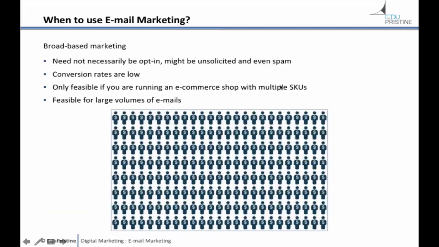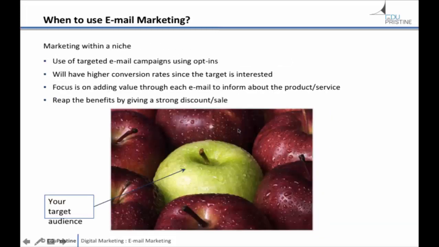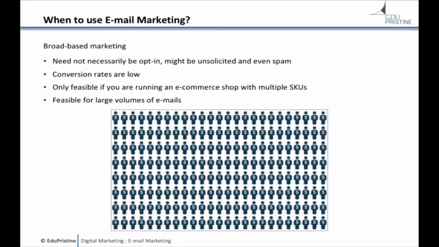All right. So this example was when you actually know your audience as to what they want. But there are times when you do not know what they want. You've just bought a database of email addresses from a third-party company, and you're willing to do broad-based marketing, which means you're just sending out email blasts to almost everybody in the list.